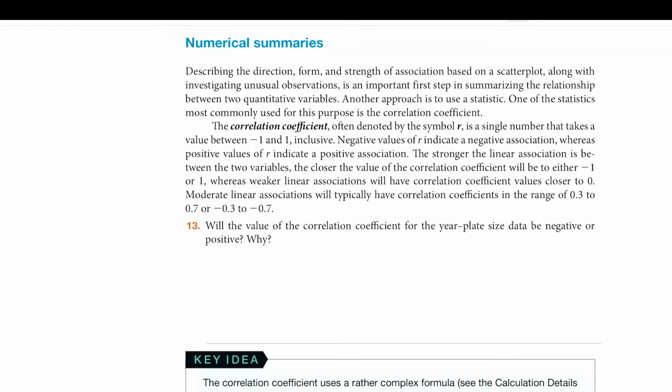Now, I mentioned previously we also have this summary statistic called the correlation coefficient, and the symbol that we use for that is a lowercase r.